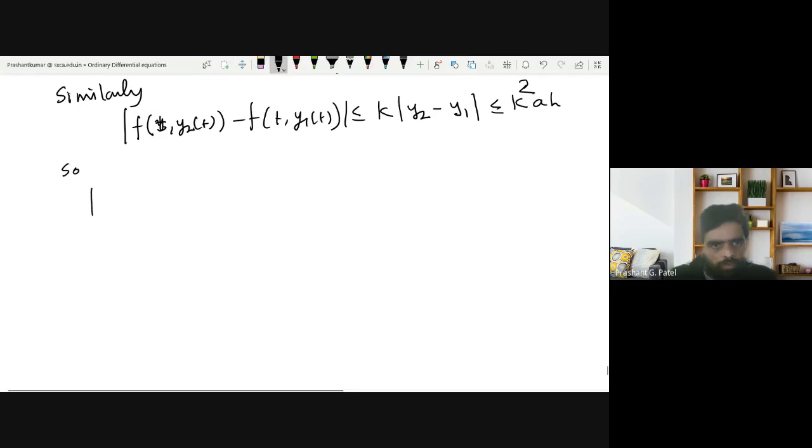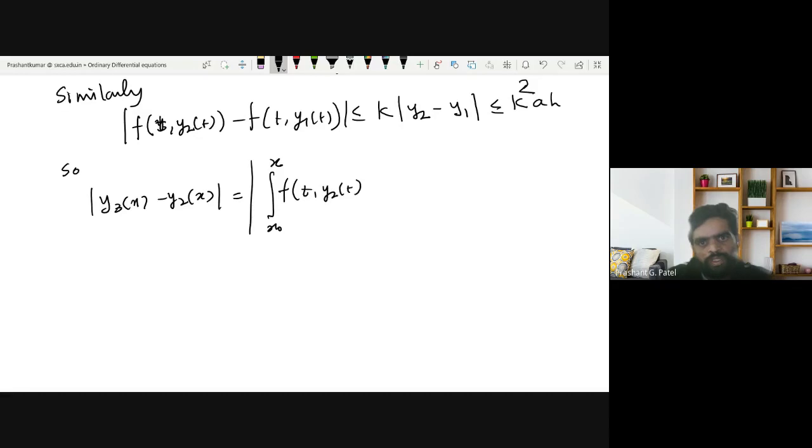mod of y3 of x minus y2 of x, we can write integral x0 to x, the mod of that, f of t comma y2 of t minus f of t comma y1 of t dt, mod is there.